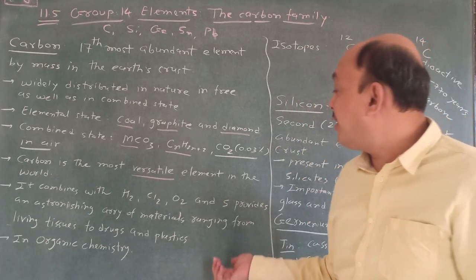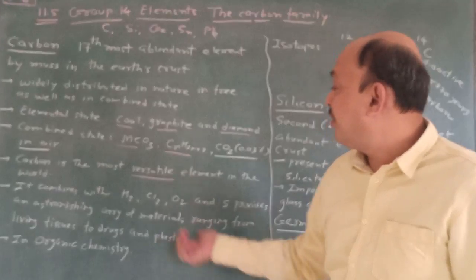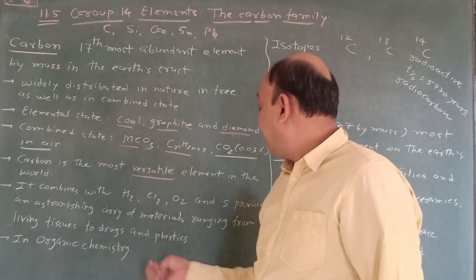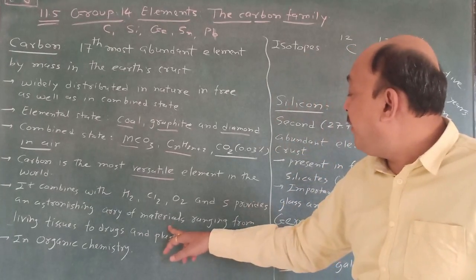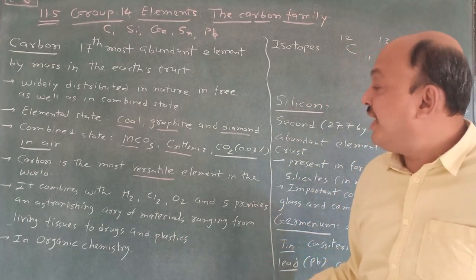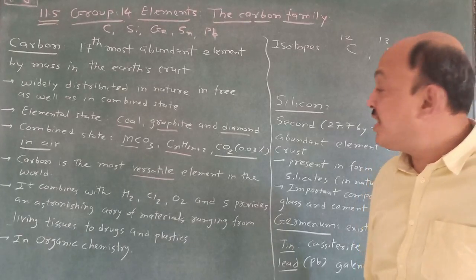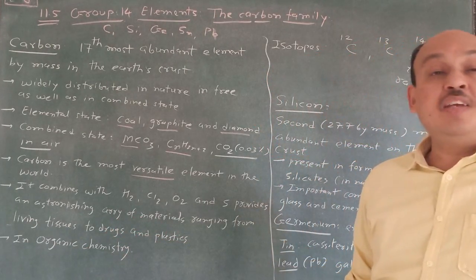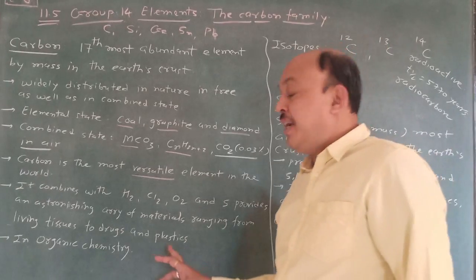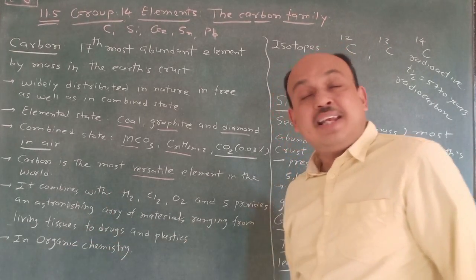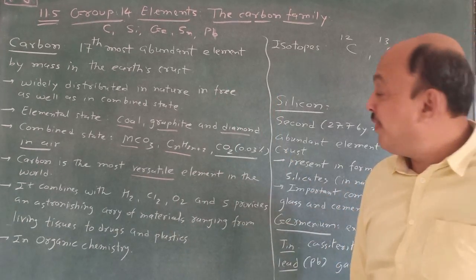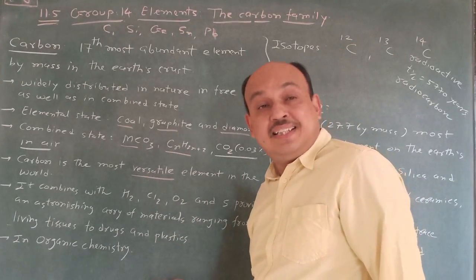These terms are very important. An astonishing array of materials ranging from living tissues to drugs and plastics. In organic chemistry, you know that it is the most important element. Without carbon, we cannot learn anything.